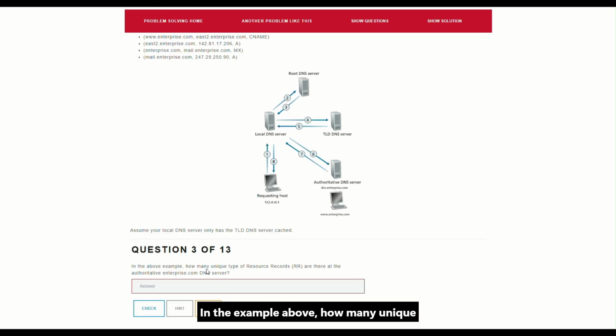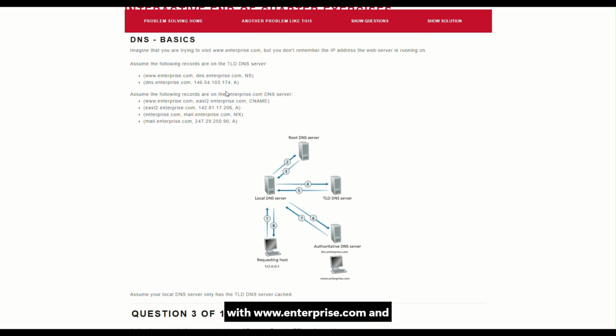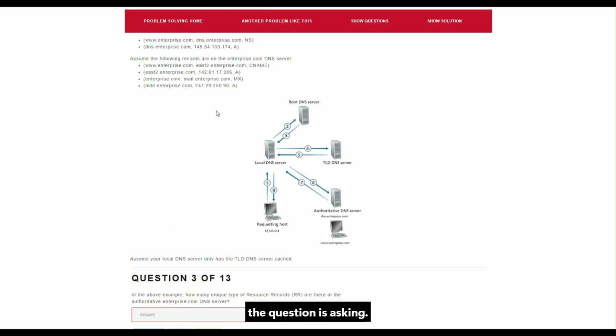In the example above, how many unique types of RR records are there at the authoritative enterprise.com DNS server? The authoritative enterprise DNS server is this, right? There's a clear distinction between www.enterprise.com and enterprise.com.